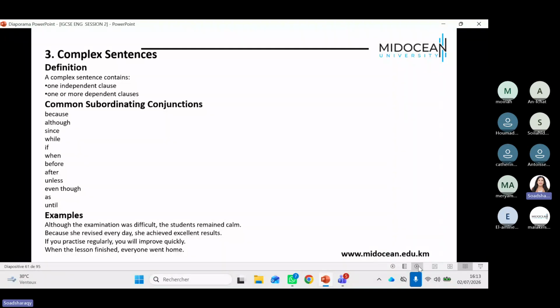For example: Although the examination was difficult, the students remained calm. Because she revised every day, she achieved excellent results. If you practice regularly, you will improve quickly. When the lesson finished, everyone went home.